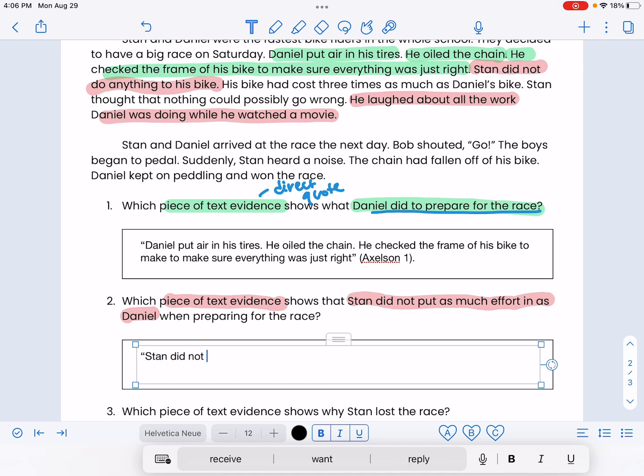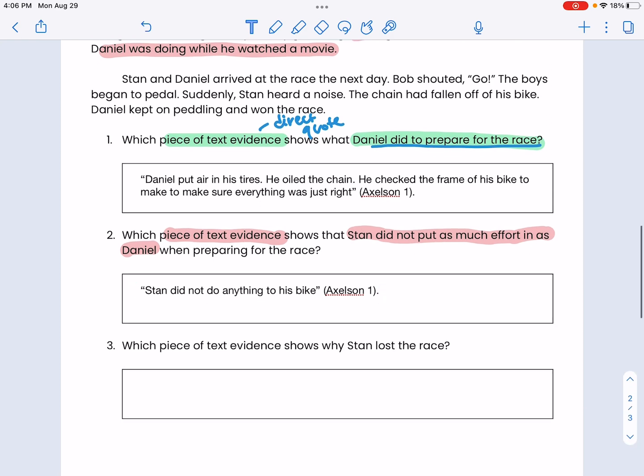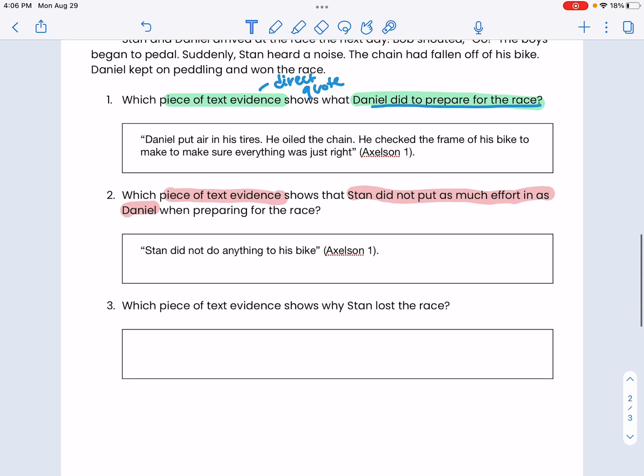Stan did not do anything to his bike. So I have my text evidence in quotations. It's directly from the text. And then I need my Axelson in parentheses, page 1, period. That's my citation. Perfect.